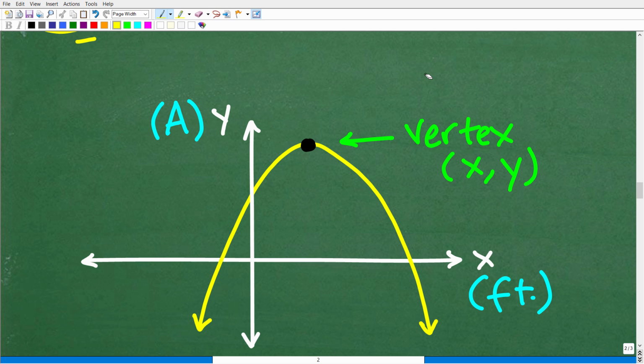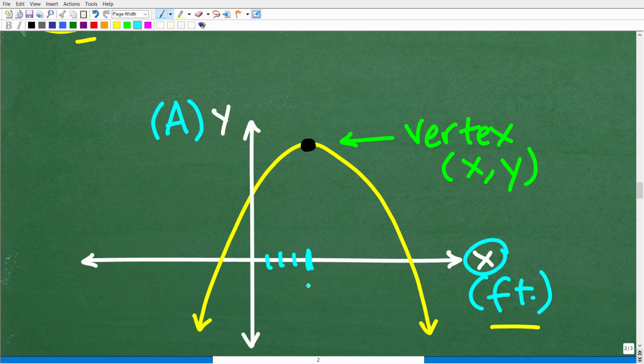All right, so again, what is x? Well, x represents the feet, okay, the amount of feet for the width of this fence. That's what the x variable represents, so that's the feet. And then y represents the area, okay, of this respective enclosure. All right, so what we want to do is figure out how many feet, okay, for our width should we have.